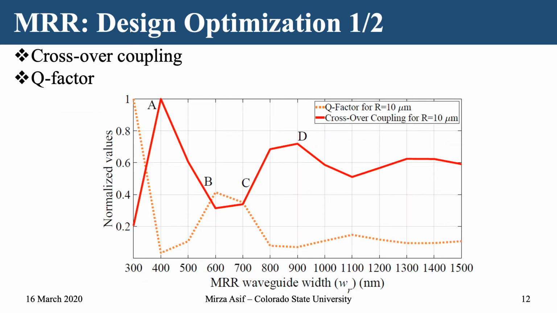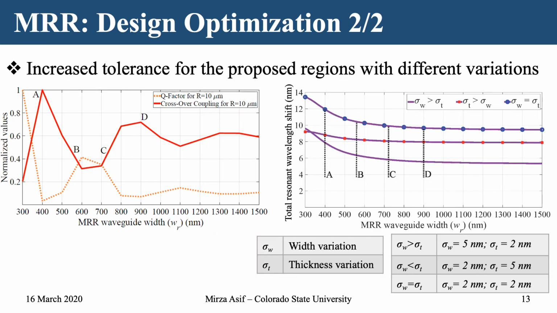When we speak about crossover coupling and Q factor, and the tolerance that occurred in those micro rings that we propose at those design points, we can see that there is still a chance of improvement with respect to tolerance at all the proposed design points.